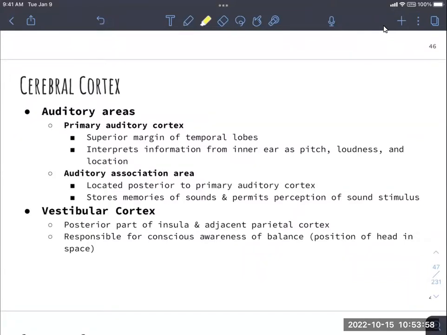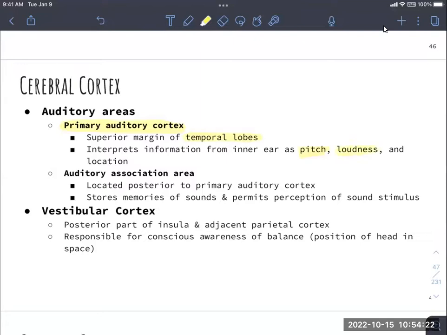How about auditory? What you're hearing right now? Well, what you initially hear at this very moment goes into that primary auditory cortex, which is at the top part of the temporal lobe. It allows you to determine the pitch of something.